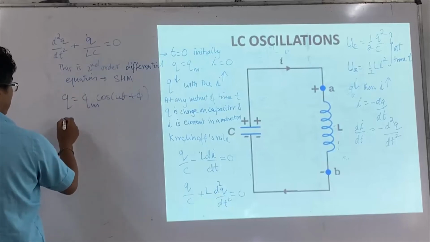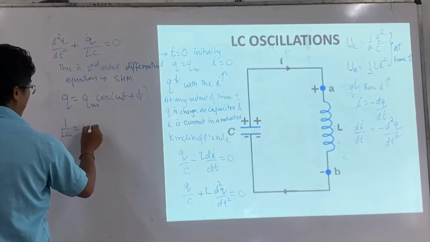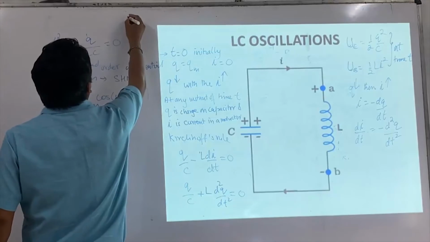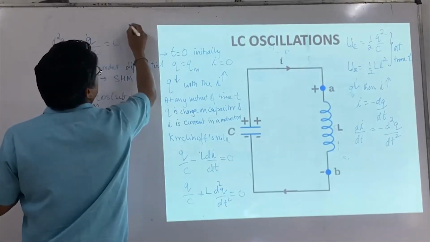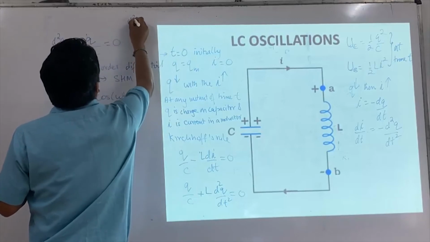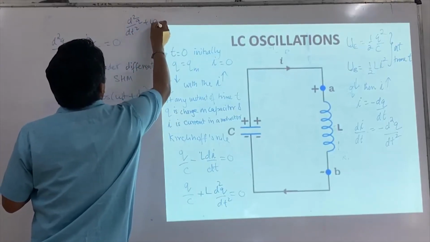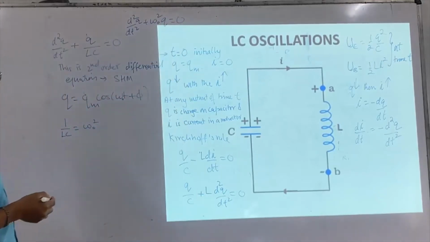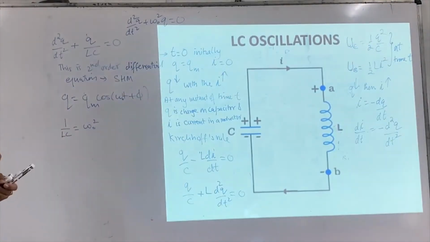Having said that, 1 by LC is equal to omega naught square.